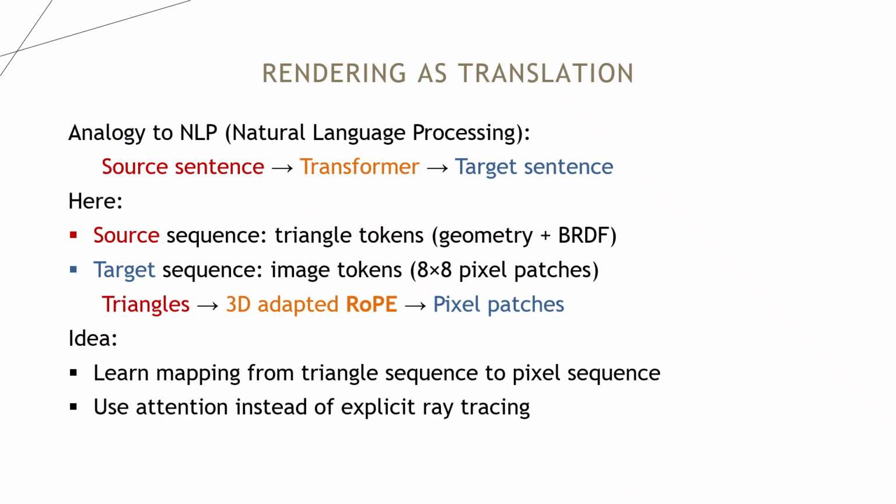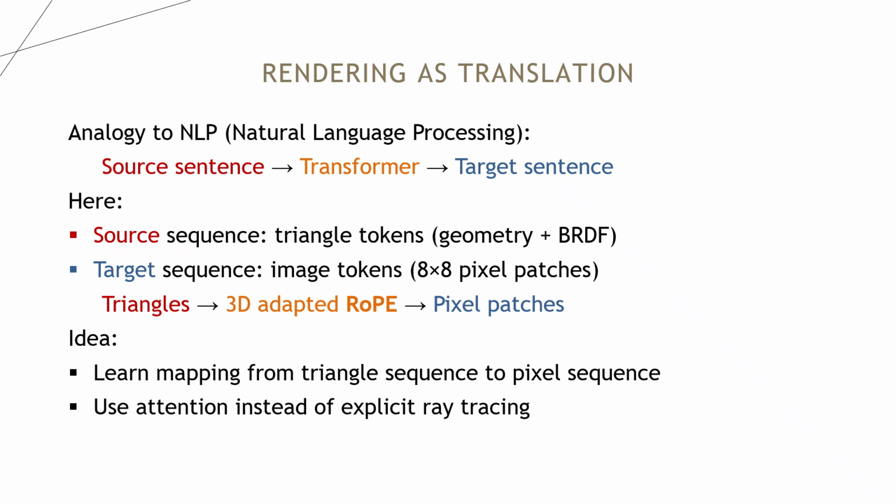The key conceptual leap here is to view rendering as a translation problem, similar to machine translation in natural language processing. In natural language processing, a transformer encodes a sequence of tokens in one language and decodes it into another language. Here, instead, the source sequence is the 3D scene. Each token represents a triangle plus its material properties, and the target sequence is the image.